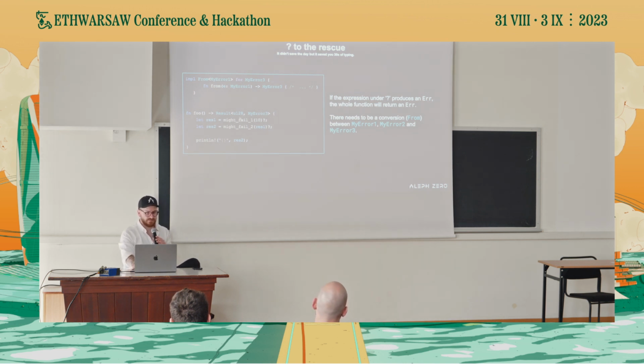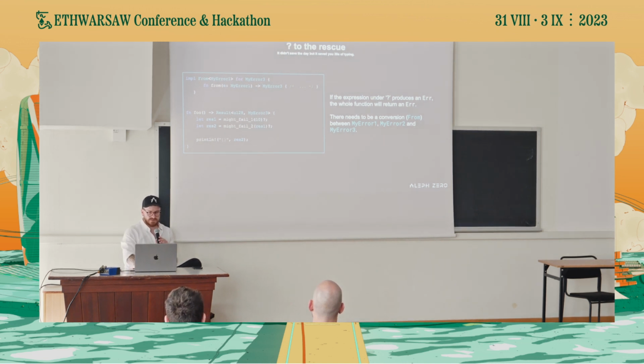We can say, okay, let's make the top level function return some more general error, and we will provide the conversion from error 1 to this general error, and from error 2 to this general error. And now it will basically look like this, right? You might have actually seen similar stuff in JavaScript, but here it's based on these implementations of traits. Then you might think, okay, but won't this be even more tedious when I have to write the conversions?